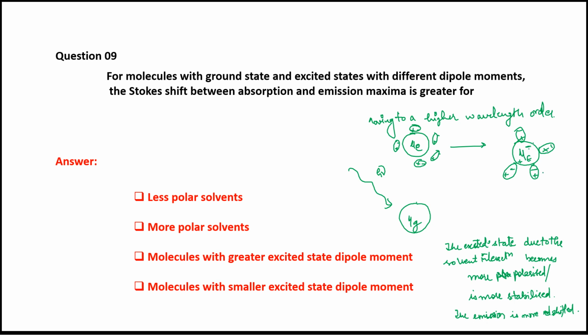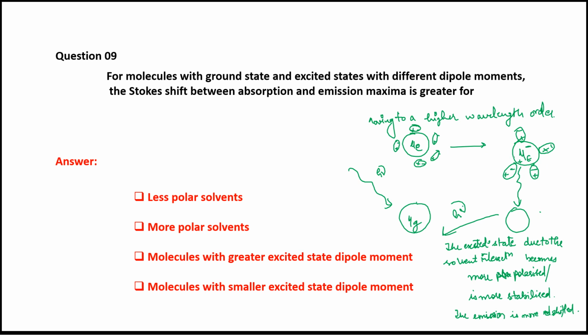Say the mu e part, or the excited state, is more stabilized due to the surrounding charges of the solvent. When this is more stabilized, what happens is, it returns to the ground state from another unorganized state where it has a higher energy, and it reaches the ground state by emission h nu.